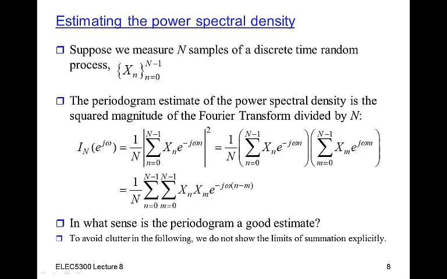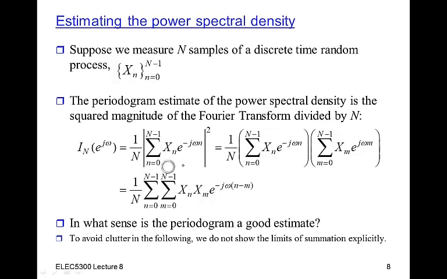So one thing we could try to do is just take this set of data and take its Fourier transform, take the squared magnitude, and then divide by N so that we get some kind of measure of average power per unit time, and say, well, maybe this is a good estimate of the power spectral density.